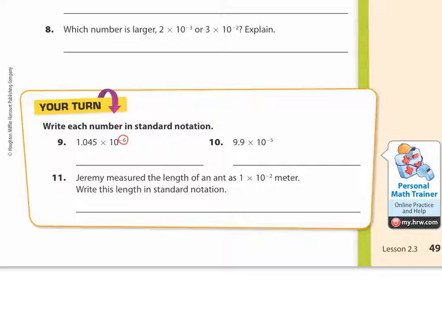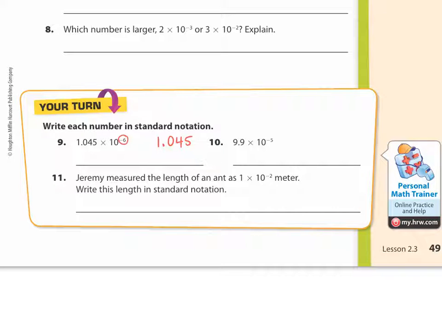So I'm just going to write out 1.045 first here above. And I know I'm going to make this smaller. So you can just do this to remind yourself. How do I make 1.045 a smaller number? Am I going to move the decimal point to the right? Or am I going to move it to the left? Okay, so just ask yourself those questions as you're doing this.